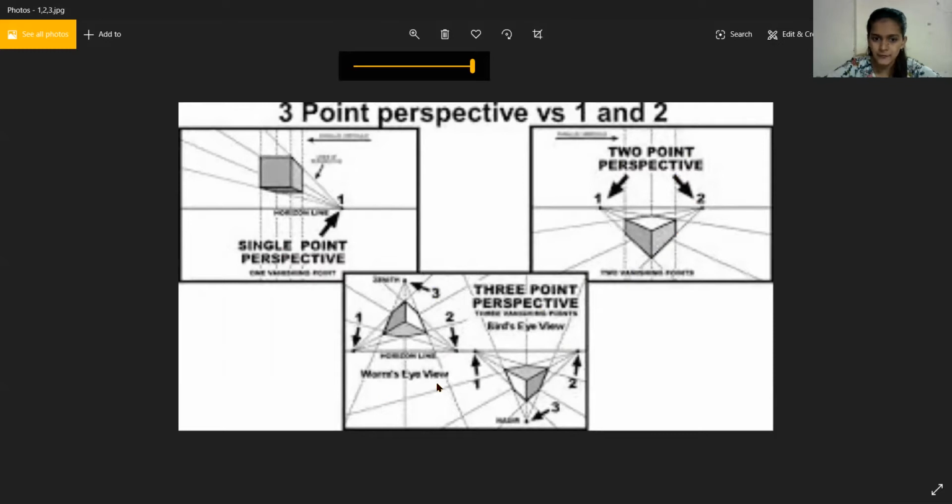It's a worm's eye view and a bird's eye view. Worm is at a ground level and looking at the object that is very above, and bird is looking downward. So it's a worm's eye view and bird's eye view. And in both the eye views, there are three vanishing points. So it's a 3-point perspective view. This is the main basic difference between 1-point, 2-point and 3-point perspective.